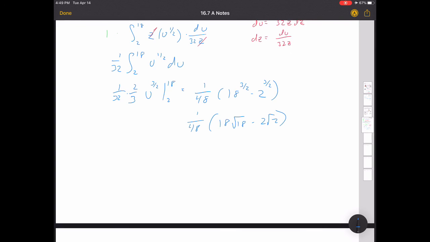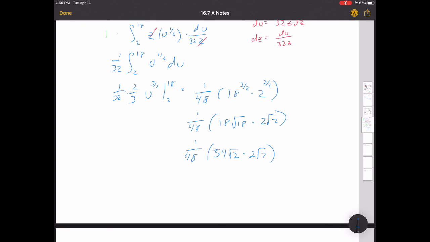But root 18 can be simplified to 3 square root of 2. So that's 1 over 48, and 3 times 18 is 54. Yeah, 54 square root of 2 minus 2 square root of 2.